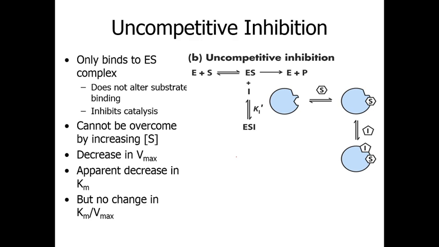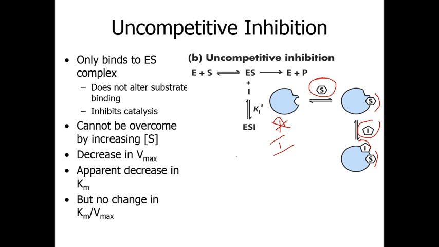The next type of inhibitor is an uncompetitive inhibitor. An uncompetitive inhibitor binds at a site away from the substrate binding site. For example, if your substrate is a hexagon and your inhibitor is a pentagon, the inhibitor does not bind at the same site as the substrate; it binds at a site that is away from the substrate. The way you can explain this in a scheme is this: the most important thing is that the inhibitor is not binding the enzyme.